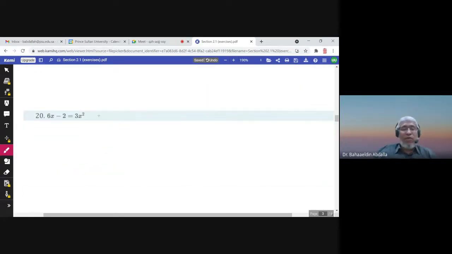Another equation. Well, when I take 3x squared to the other side, I have negative 3x squared plus 6x minus 2 equals 0. So A is negative 3, B is 6, C is negative 2.